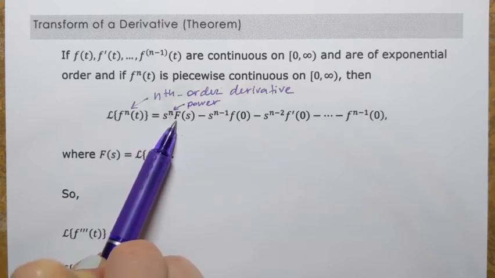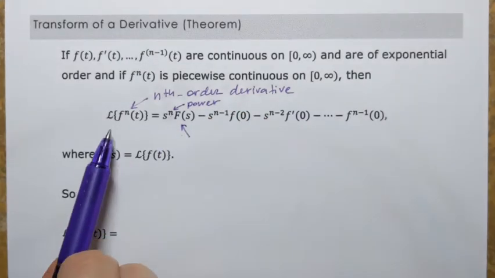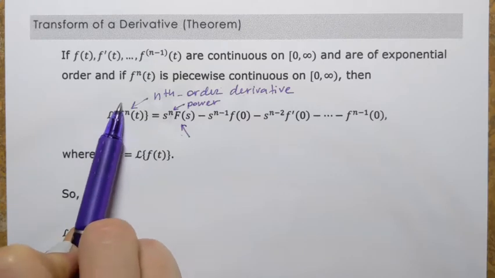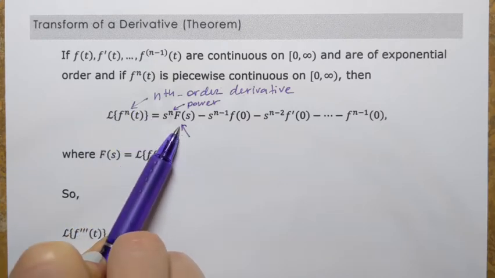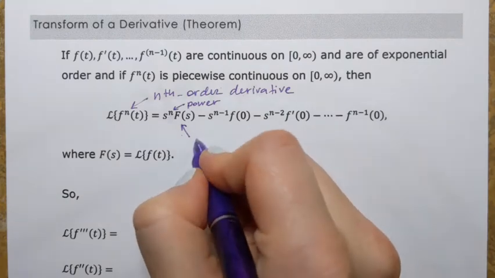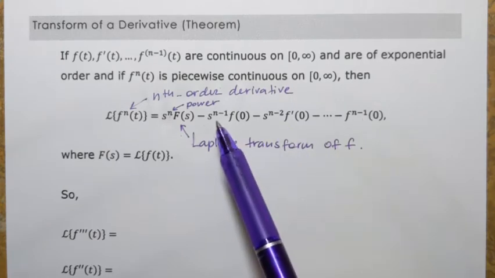Now what is uppercase F of s? Well, that's the Laplace transform of the function f. So here we're performing Laplace transform of the nth derivative. But F of s here is the Laplace transform of function f. And next we need to subtract terms that consist of the following.